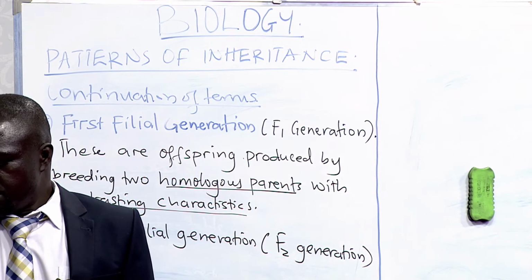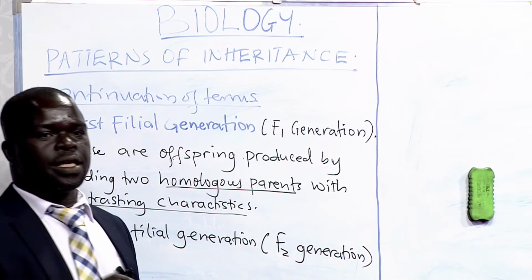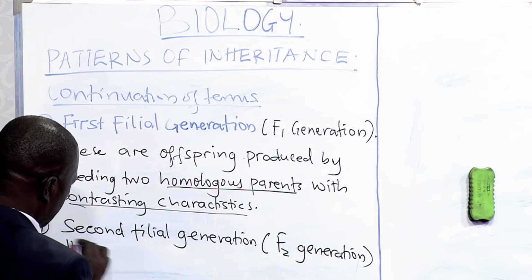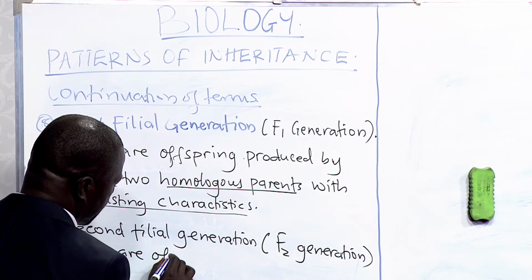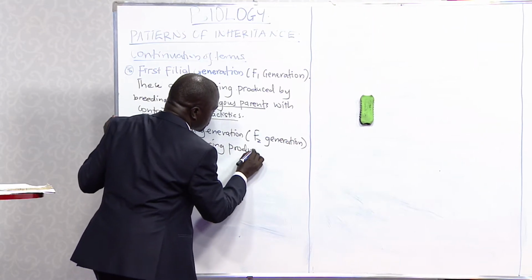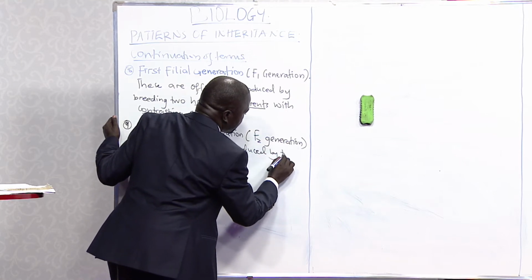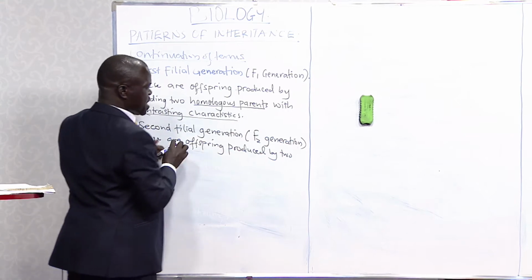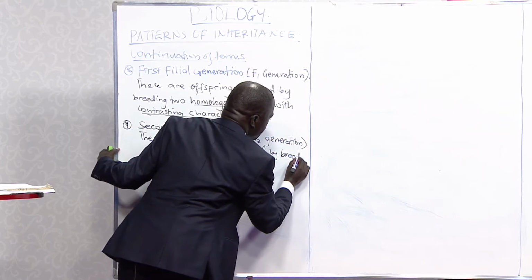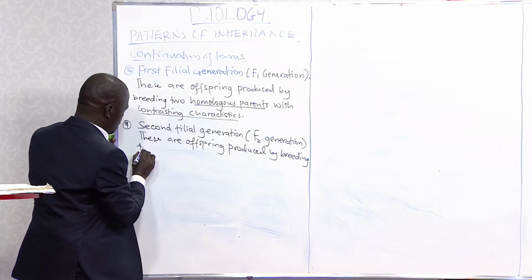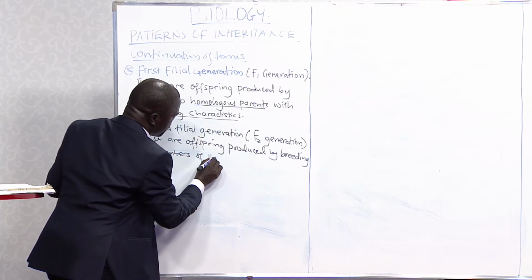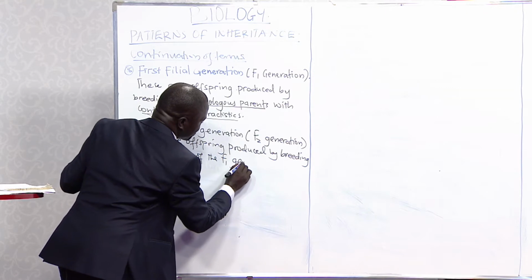These are offspring produced by breeding two members of the F1 generation.